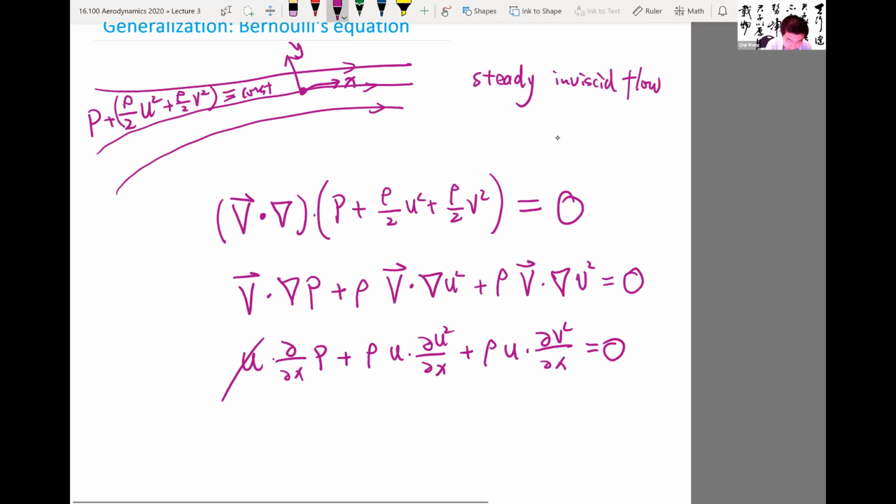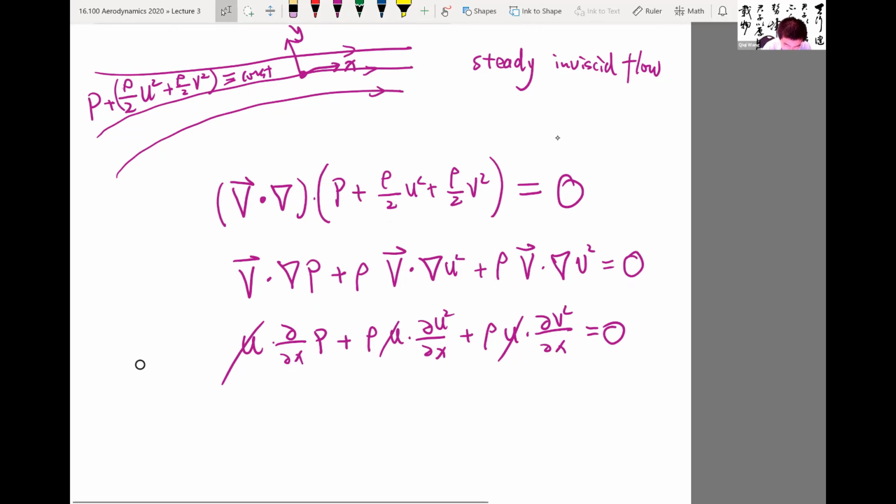Of course, in this case you can cancel out all these u's, and what we see is rho times u. Sorry, I forgot a half over here and half over here. The derivative of u squared is 2u times the derivative of u, so that cancels with the half.